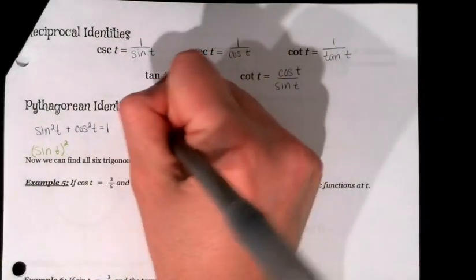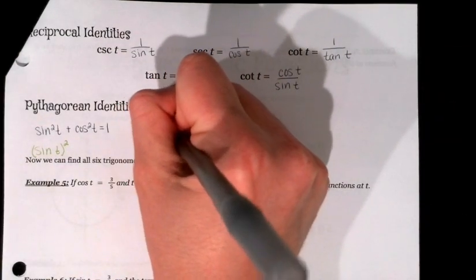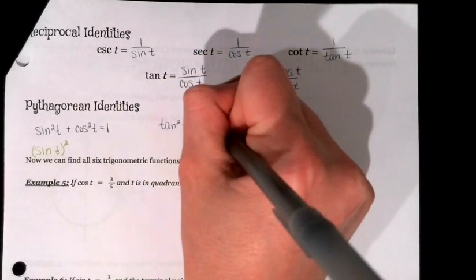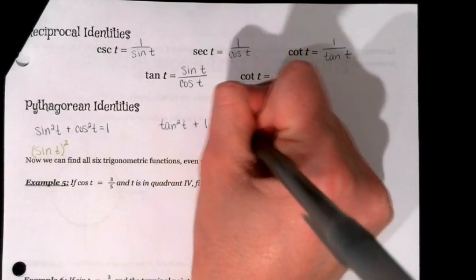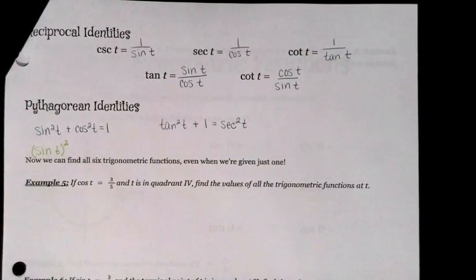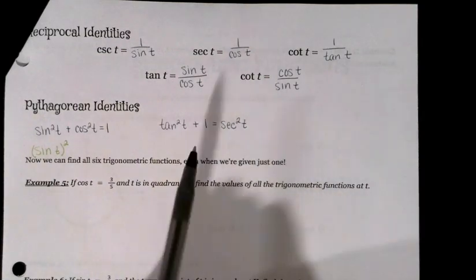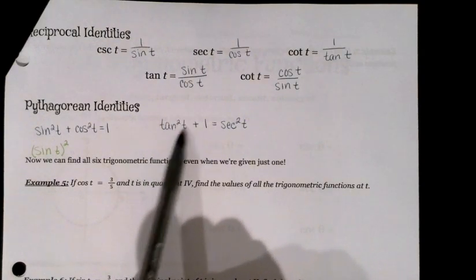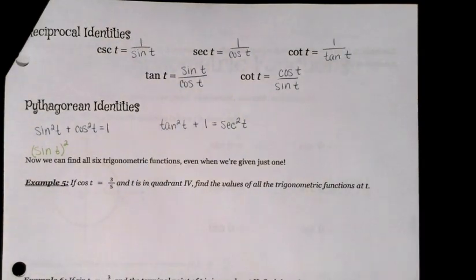Our second Pythagorean identity would be tangent squared plus 1 equals secant squared. So again here, we put it after the tan but before our variable, but the entire thing is technically being squared.